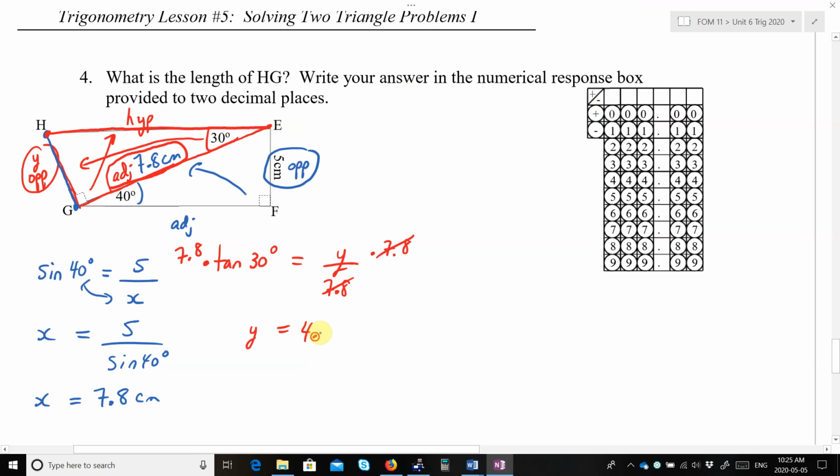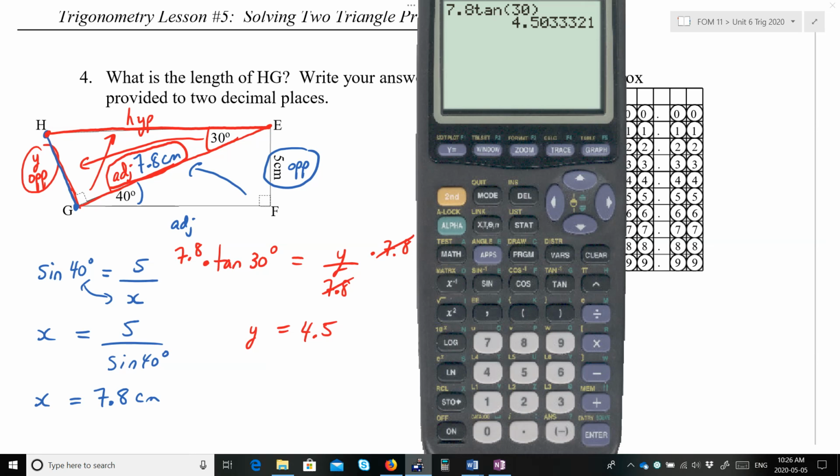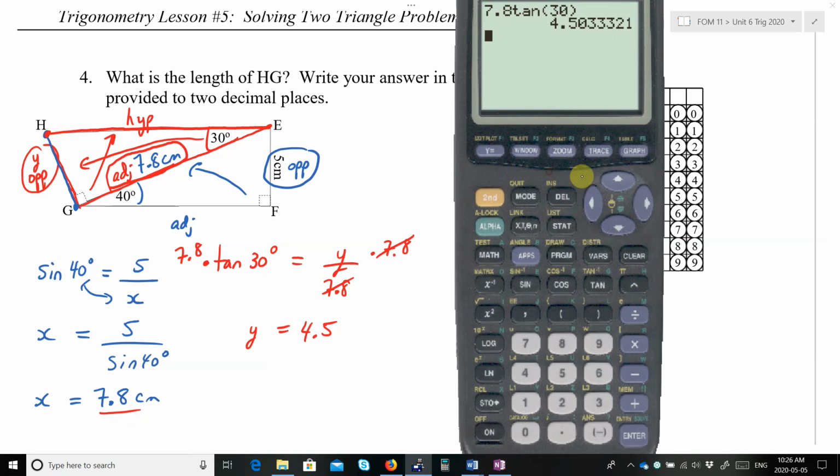4.5. Okay, now in the answer key they have 4.49, so they probably carried more decimal places than the 7.8 here, and so either way, if you have 4.5, that's good.